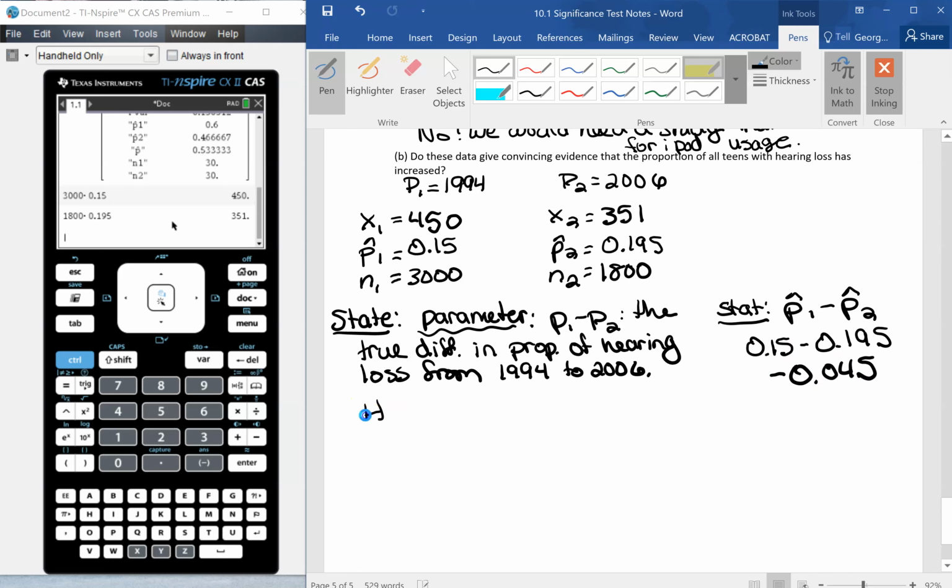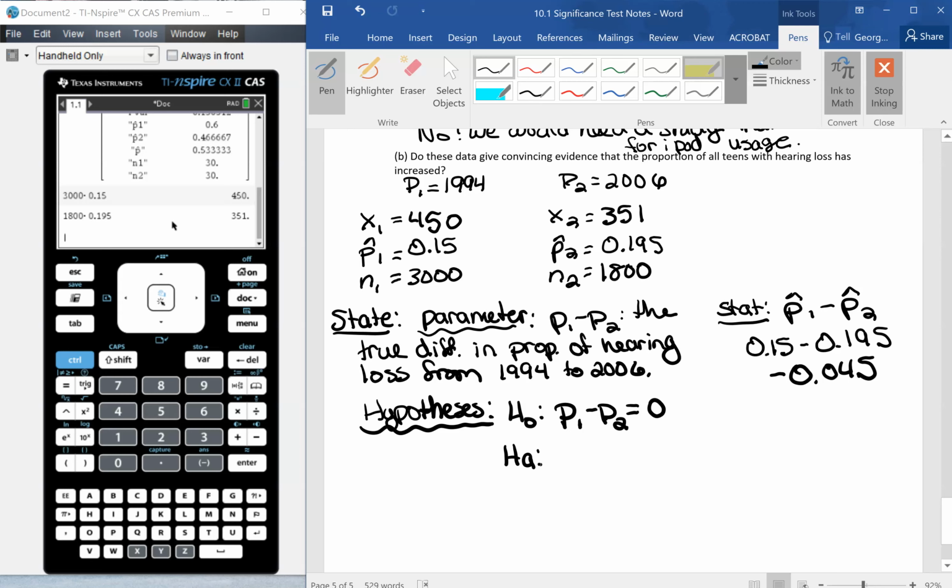Alright, then we have to do our hypotheses. First is our null hypothesis, and it's always the same when we're doing these differences: P1 minus P2 equals 0. For our alternate hypothesis, we have to think about it a little bit.